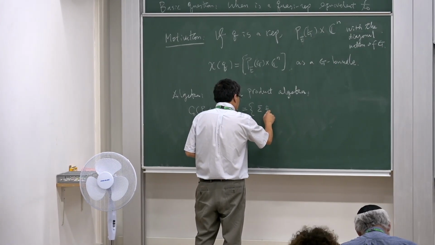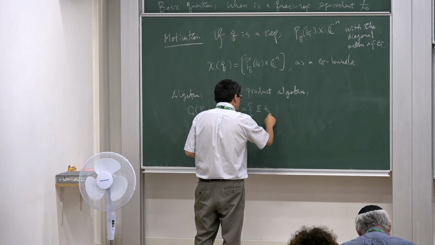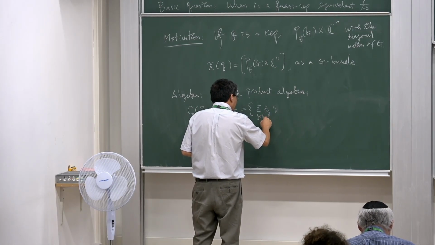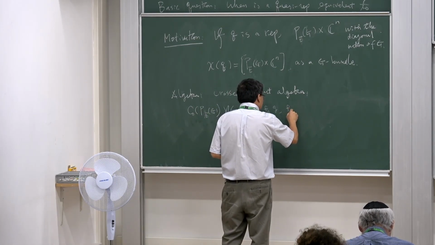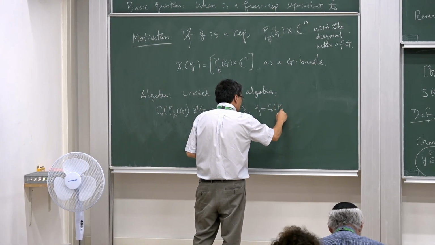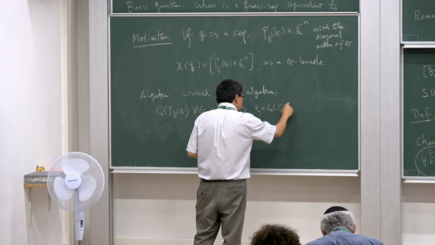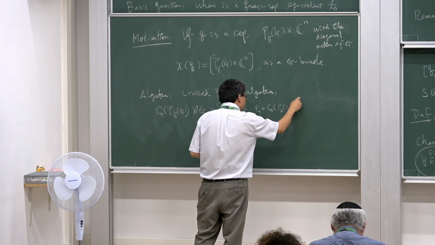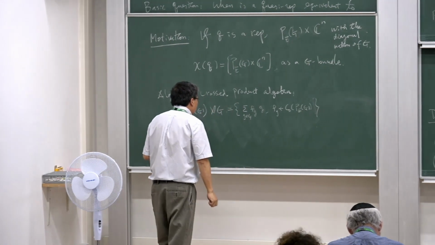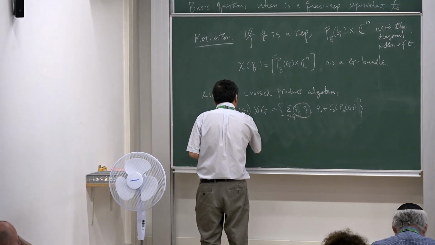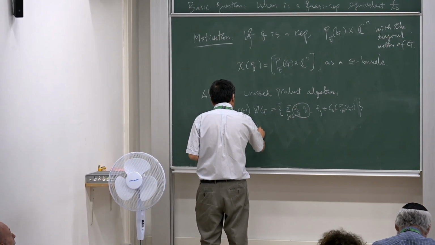Let me first do the finite case. Fg is just a continuous function on this space which vanishes at infinity. Now, how do I multiply two things like this, Fg and another element, for example?